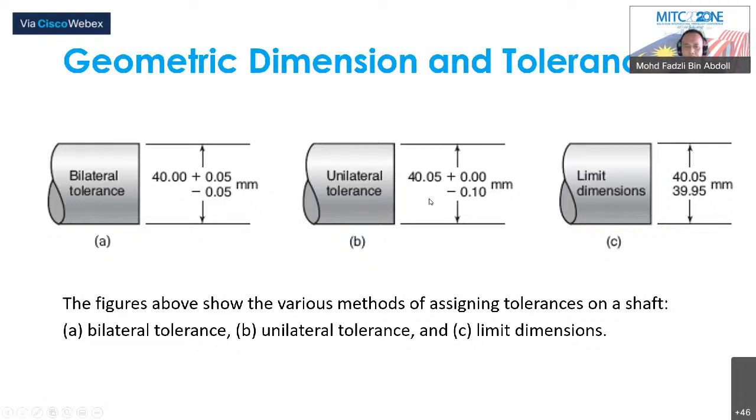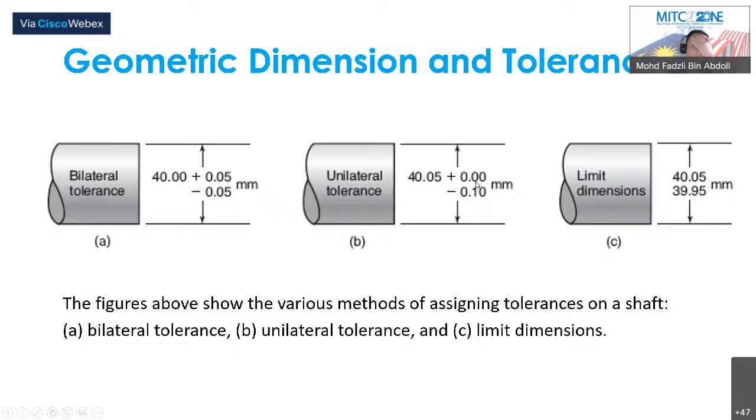Okay. Ini adalah unilateral tolerance. Dan yang ni adalah limit dimension. Maksudnya dia terus 40.05, dia terus je maksimum, nilai maksimum ke nilai minimum. Okay. Yang ni diambil yang tengah-tengah lah 40.